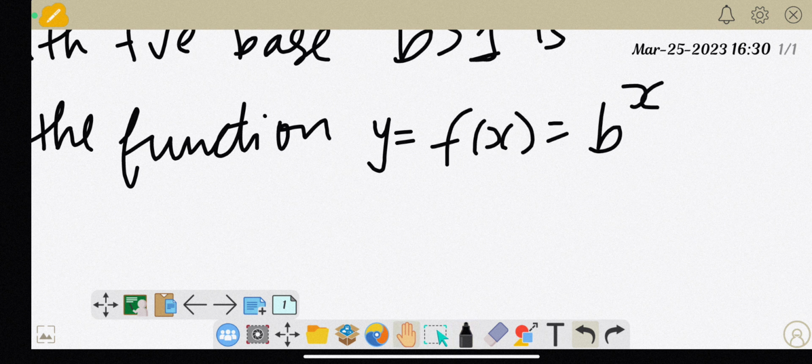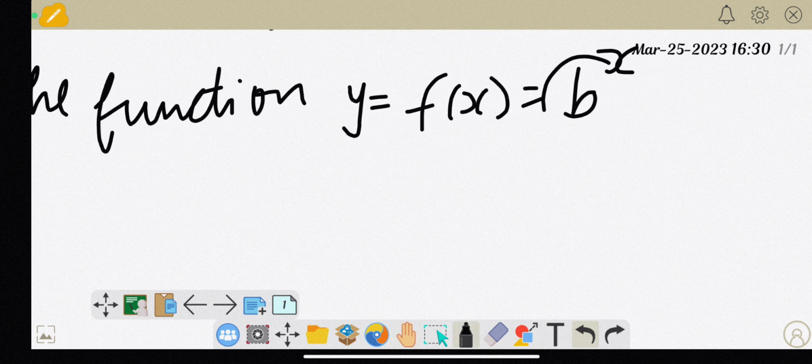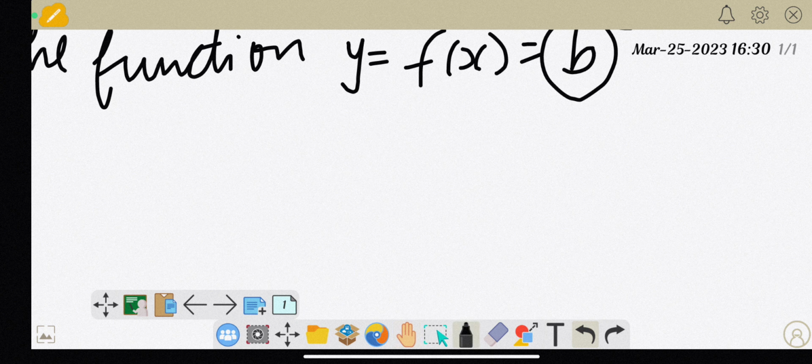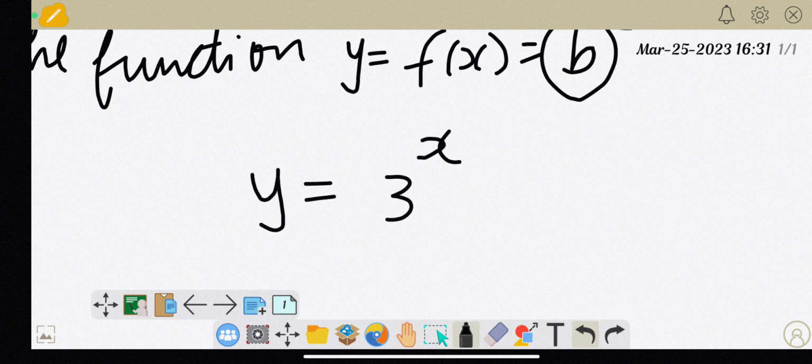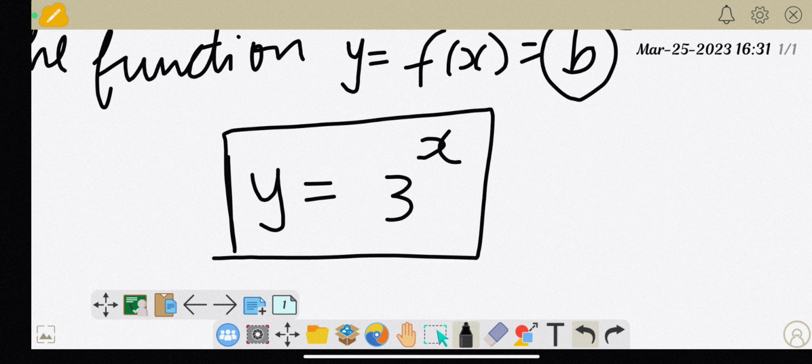Correct. So now this b means any positive number. So if you have, for example, y is equal to 3 to the power x, this is an exponential function.